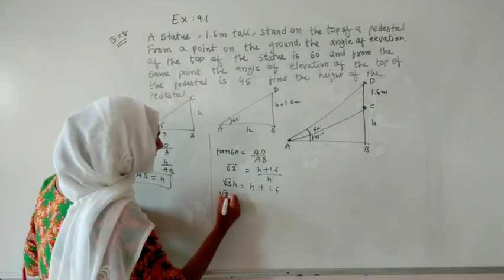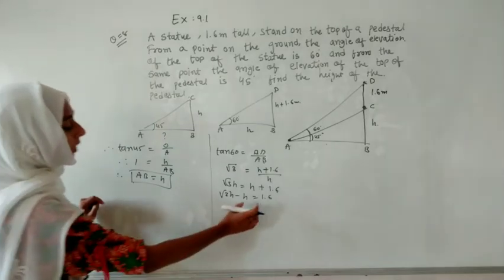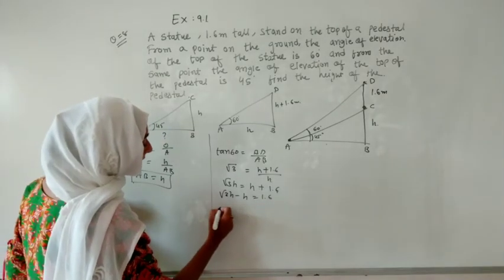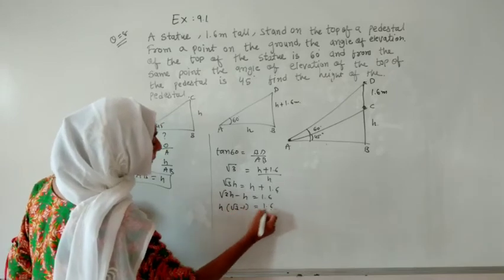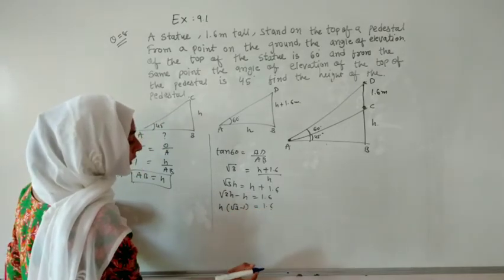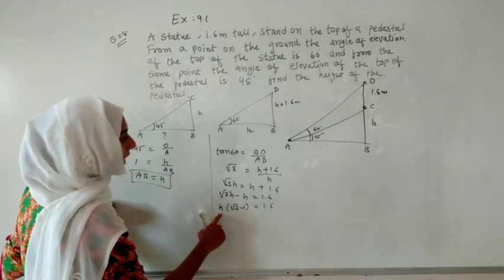Let us take H this side, so it will become root 3 H minus H equals 1.6. Let us take H common, so it will become H times root 3 minus 1 equals 1.6. If we want to substitute a value, we can substitute over here. Means we have to make H alone.